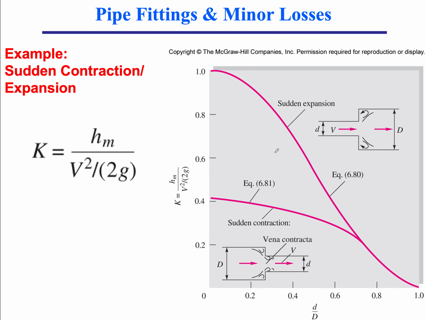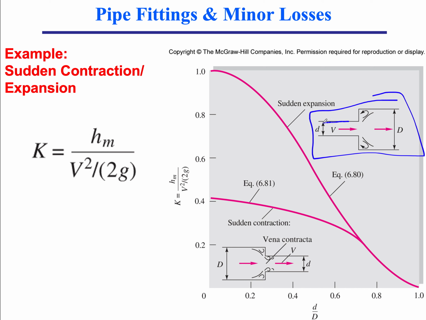But let's look at some examples. So here I have two examples. I have a sudden contraction and I have a sudden expansion. So let's look at the sudden expansion.